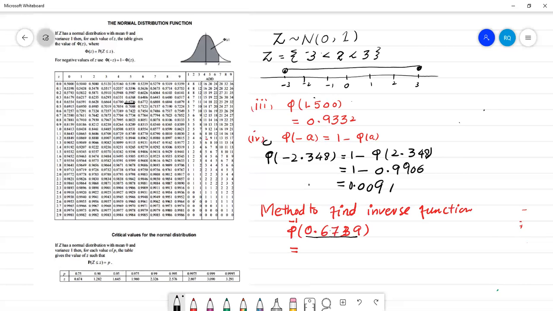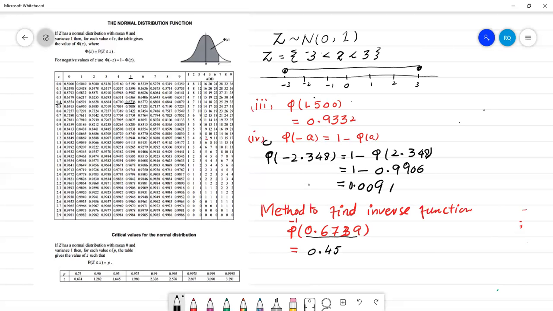You have to find in which column and row this number lies. That is 0.4 and 5, so you write 0.4 as the first digit and 5 as the second. Now we require the exact number 6739, but the table gives 6736, so we have to add 3. We move to the third column and find the answer.